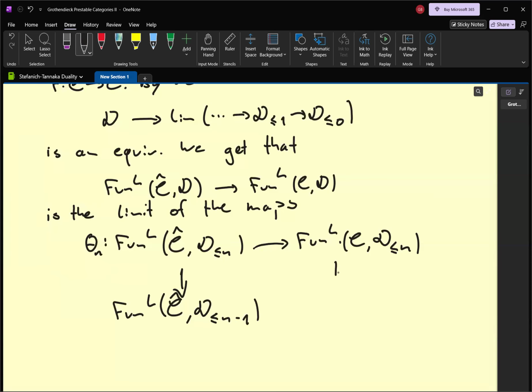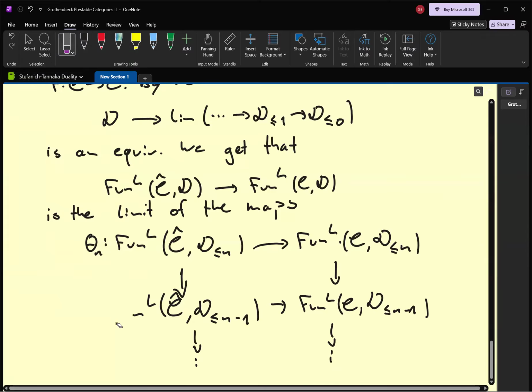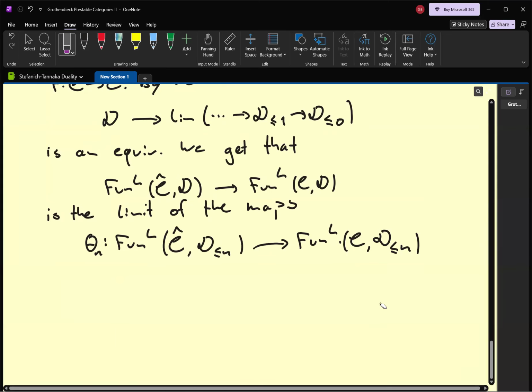No worries, that's a good point. So we take the limit in arrows of the diagram of this sort, like this. And the limit of that will just be the thing that we're interested in. So now, what we're trying to show is that each of the individual maps is already an equivalence.